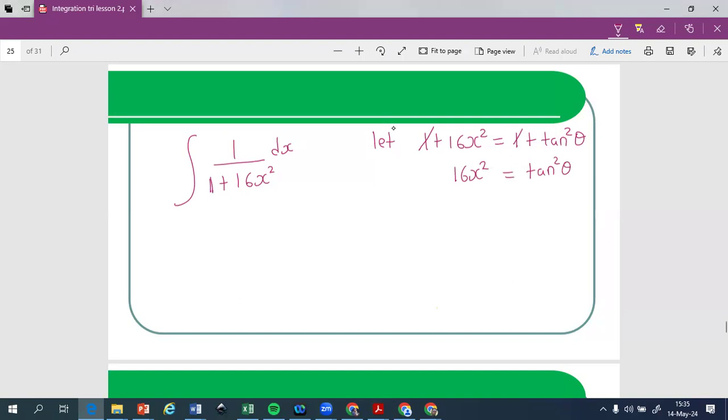Yes. Now, the next thing you do is to get tan. Since this is a square, I'm going to get the square root. The square root of 16 is 4, the square root of x squared is x, and on this side the square root of tan squared is tan theta. So 4x is equal to tan of theta.